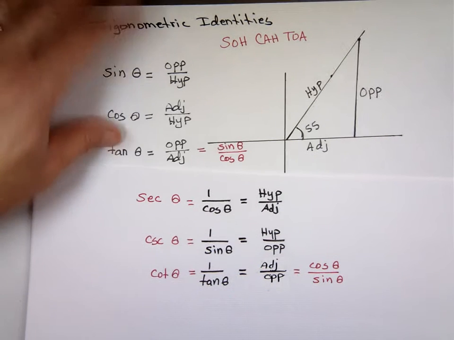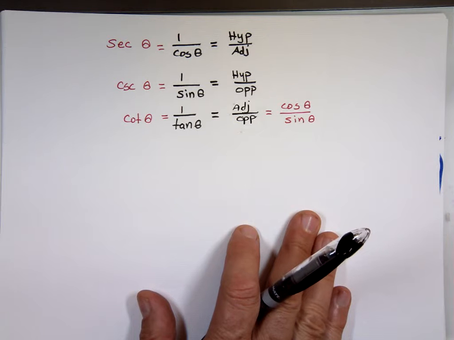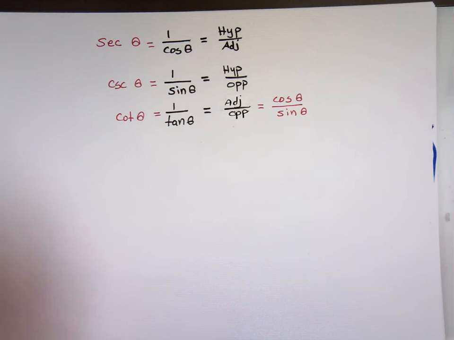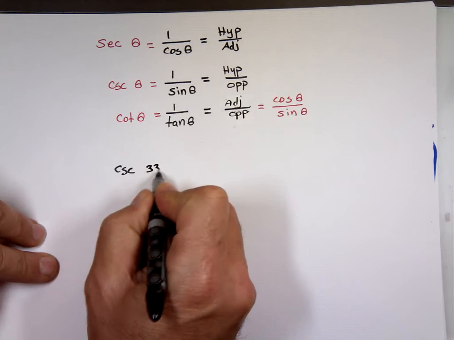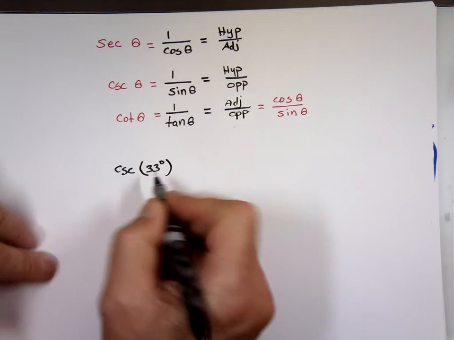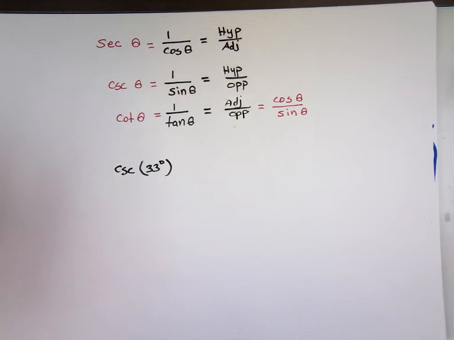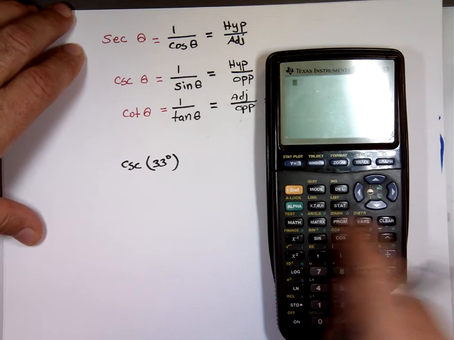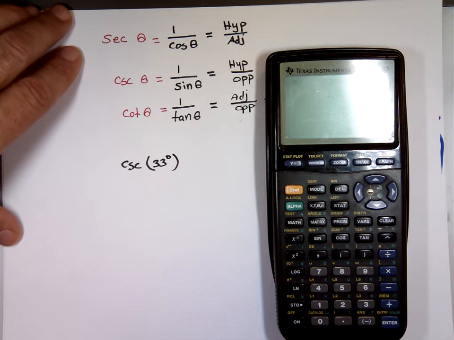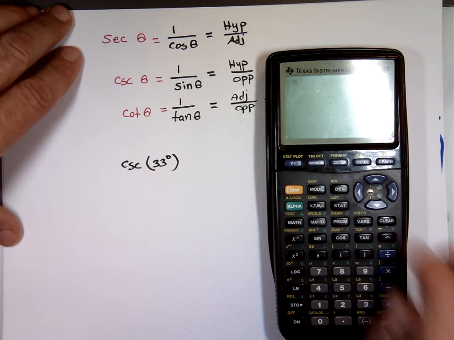So if I come to you and I say, okay, you can use your calculator, go ahead, tell me what is cosecant 33 degrees. You go, oh, cosecant, where's my button on the calculator? Where's that cosecant button? It's not here. So what do you do now?